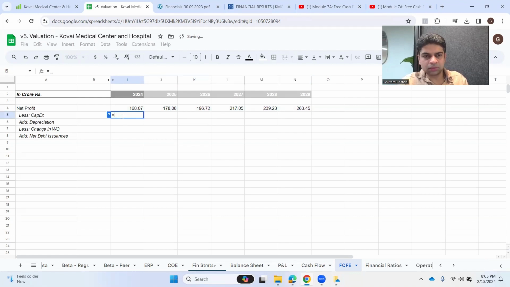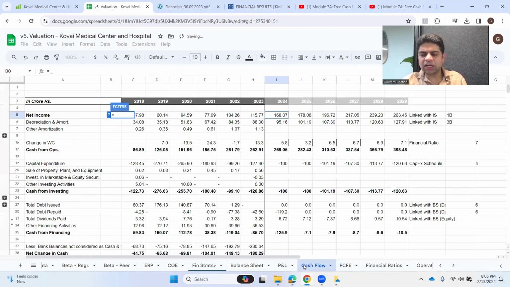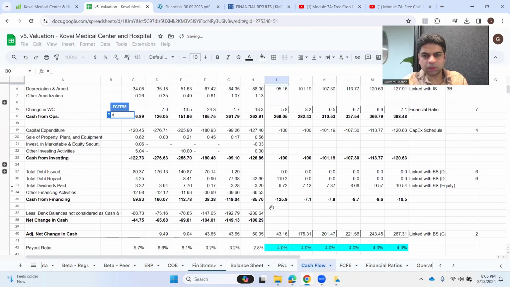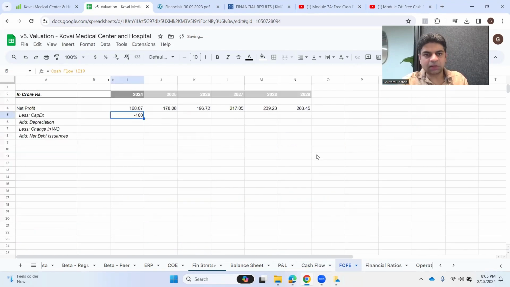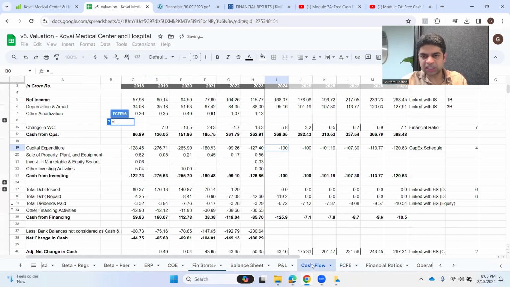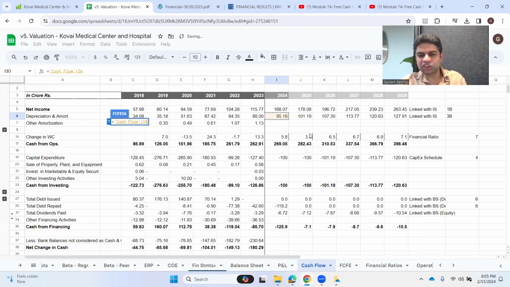Similarly for capex, again, you can go to the balance sheet, but let's go to cash flow. We need this sign minus 100. So let's drag it. Depreciation, again we can go to the cash flow, or pull it from the P&L if you want, but I'm just going to go to cash flow. This is the depreciation and amortization, which will get added back.